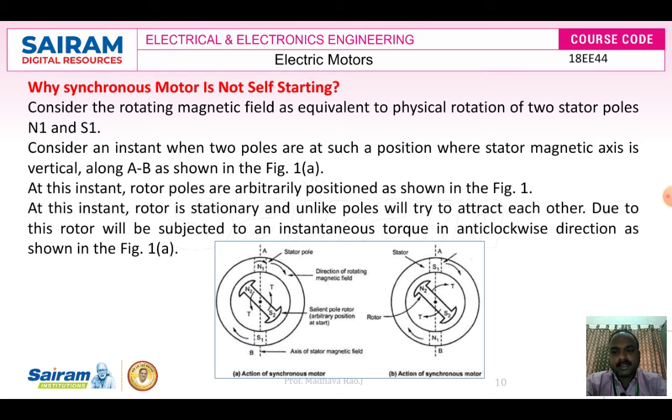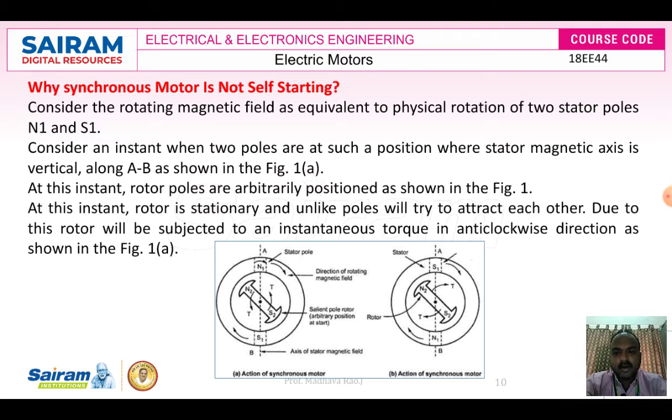Consider an instant when the two sets of poles are in a position where the stator magnetic flux is vertical. You can see this along AB, the stator magnetic flux.